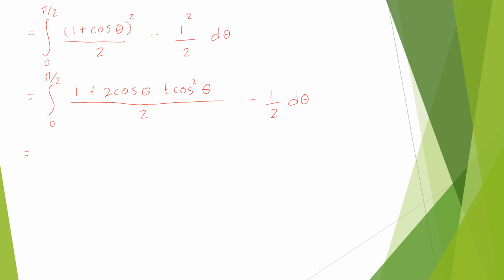Simplify this: 1 over 2 minus 1 over 2 becomes 0, 2 cos theta over 2 is cos theta, plus cos squared theta over 2, d theta.